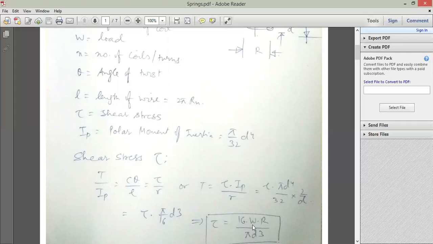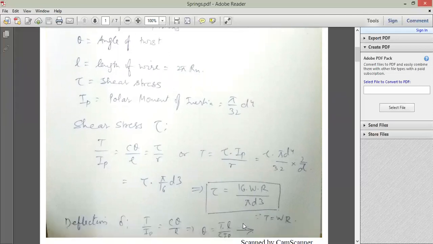W is the weight that is applied, R is the radius of the coil, d is the dia of the wire. So shear stress in this helical coil spring is 16 WR by pi d cube. Again, T equals W into R. We know this basic relation: torque is weight multiplied by radius.